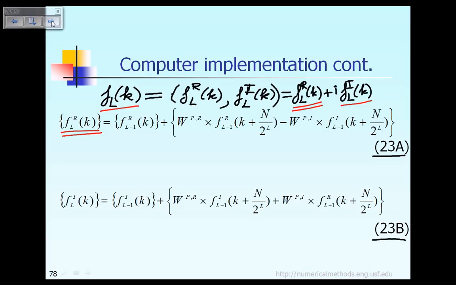And similarly, the real number FL capital I superscript, excluding this small I in here, okay, excluding that, can be computed based on equation 23b. So if you look at equation 23a and 23b, we can calculate the value of FLK, and they have nothing to do with complex numbers involved.